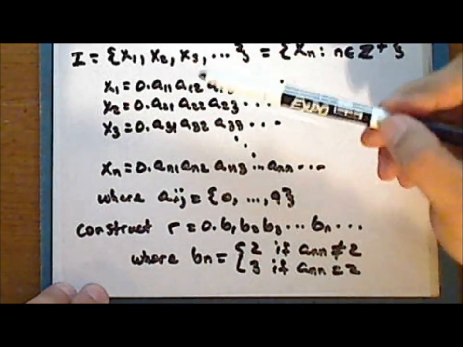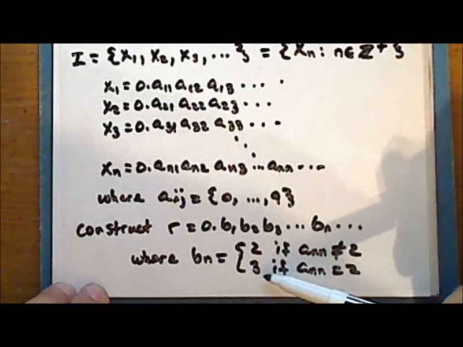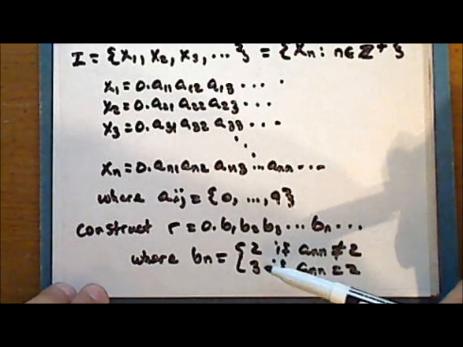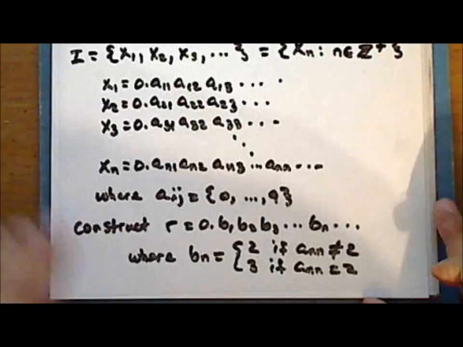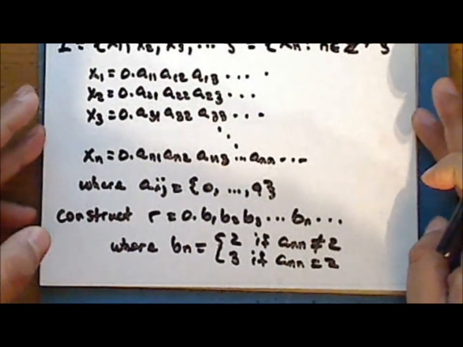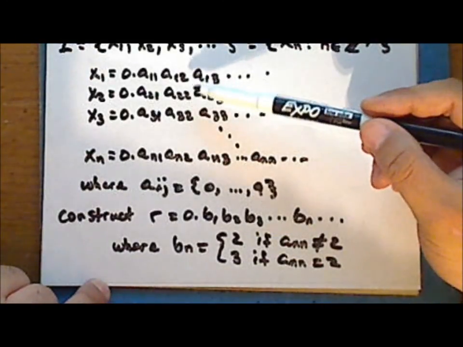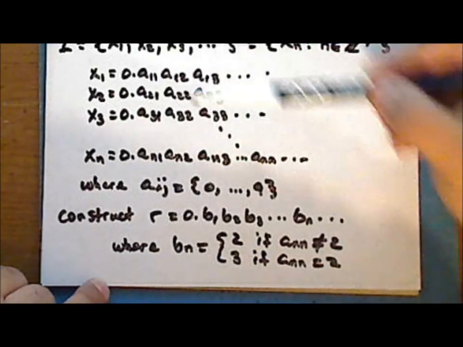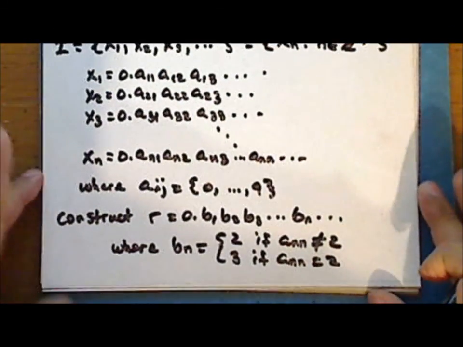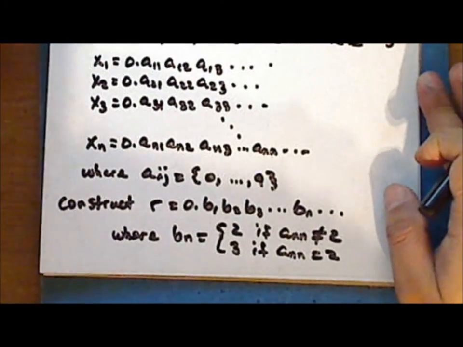Because if, for instance, A sub 1,1 is the digit 2, then we're going to make it the digit 3. And if it is not the digit 2, we're going to make it the digit 2. So in other words, this real number R, which is in the open interval from 0 to 1, is different from any that exists in the countable sequence. It will differ in the nth decimal place for any of the numbers that appear in the countable sequence.